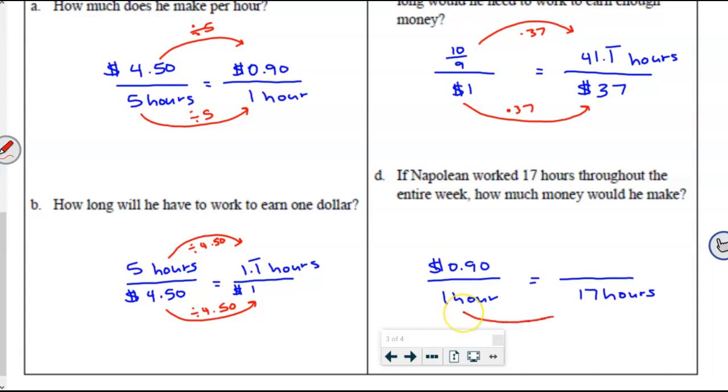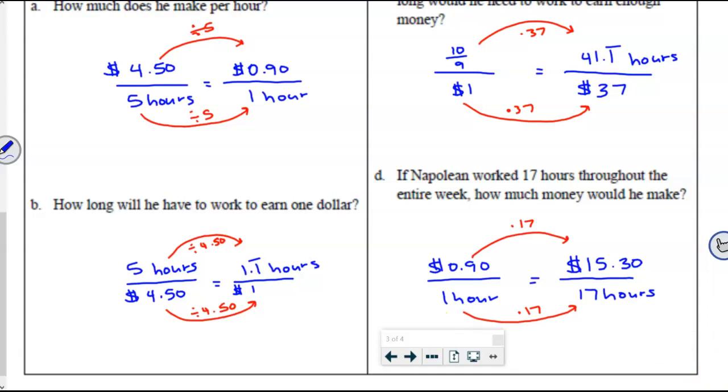How is that 1 changing to a 17? We multiply by 17. So the same thing up here with that 90 cents, we're going to multiply that by 17. So 90 cents times 17 is going to be 15.3 or $15.30. He's going to work all week, working 17 hours and only make $15.30.